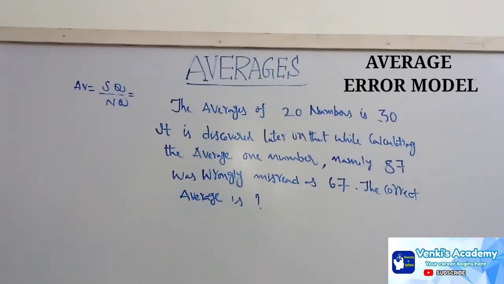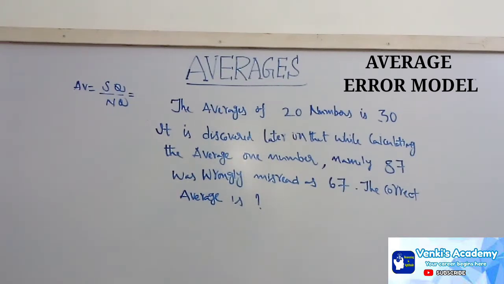Next, it is discovered later on that while calculating the average, one number, namely 87, was wrongly misread as 67. Find the correct average. Here they have given 20 numbers with a certain average of 30.